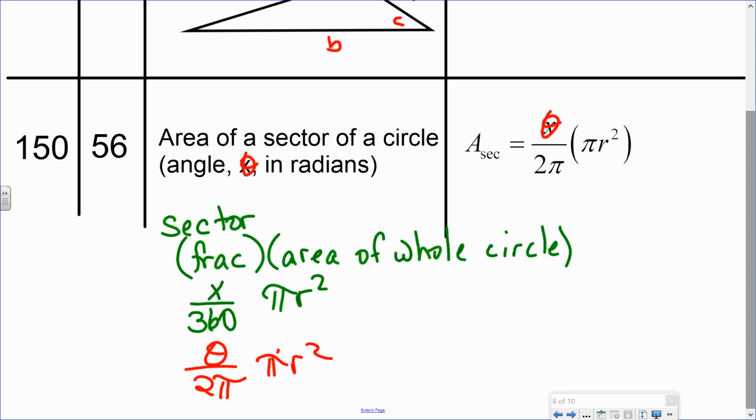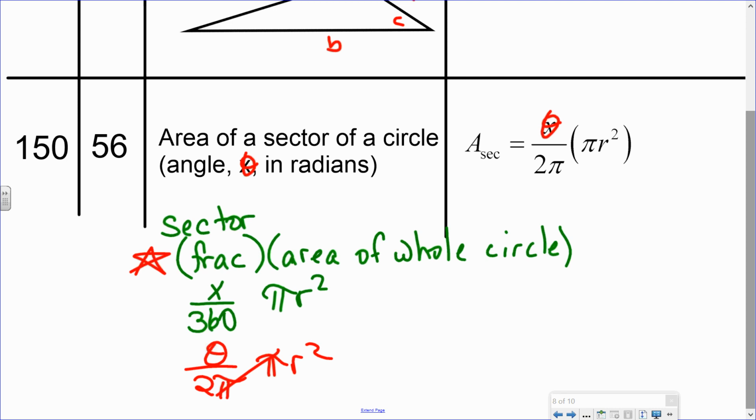Yes, I know we can then cancel the pi's, but I don't really want to try to memorize another formula of half the radian measure times just r squared. All I really want to remember is fraction times pi r squared. And I can do my fraction either way depending on how they give it to me. So far so good? Thumbs up?